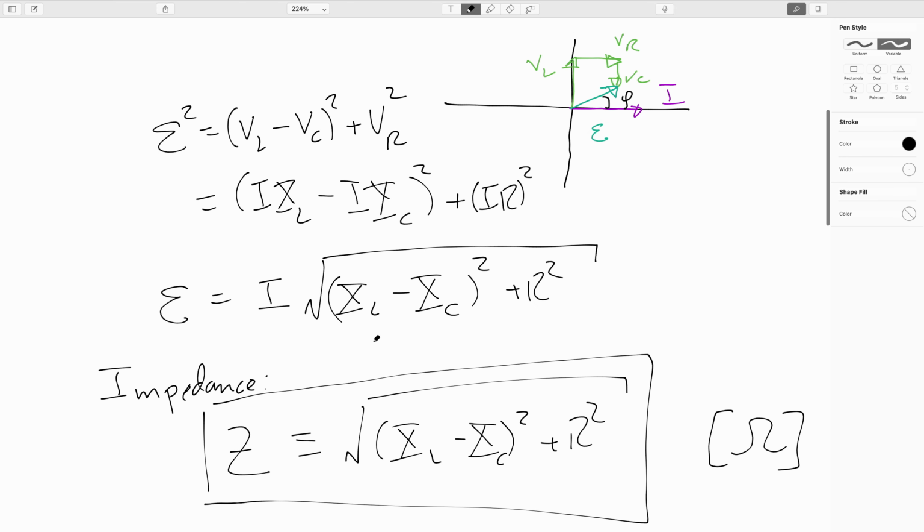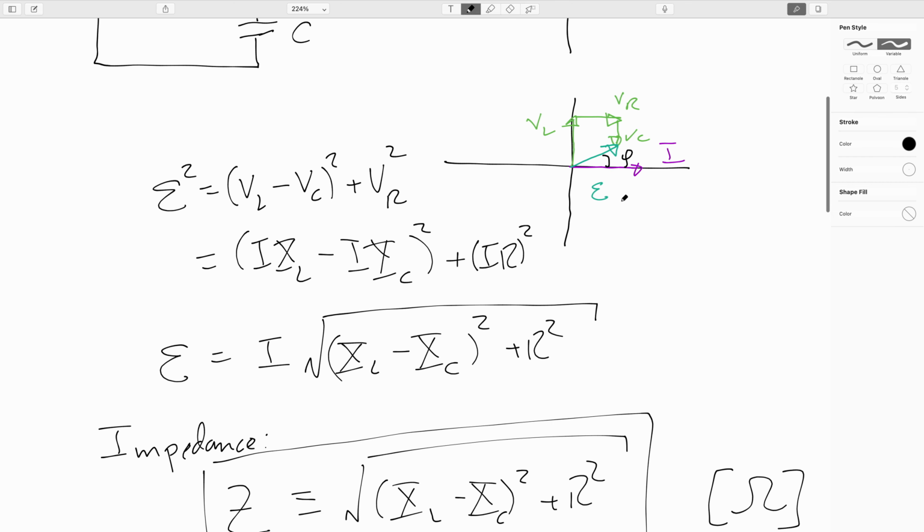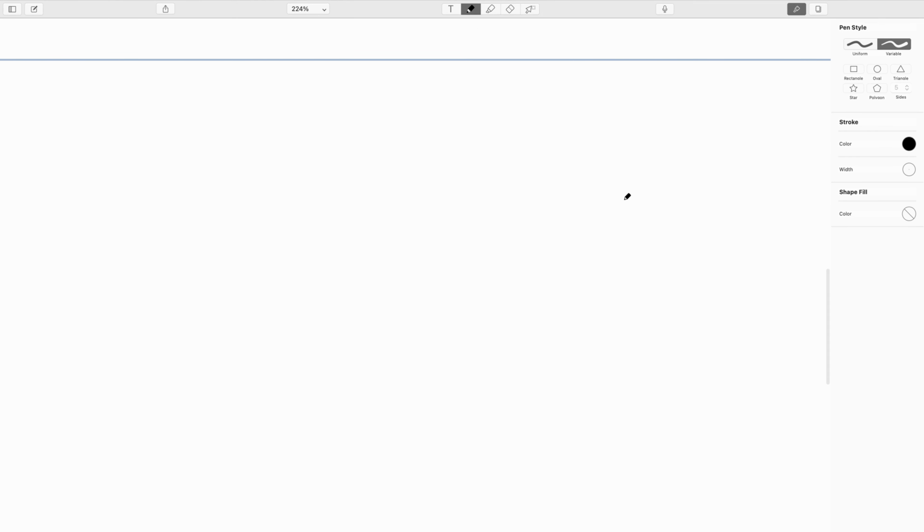And similarly, we can go through and look at our phase angle here and realize that this will be the arctangent of the Y piece over the X piece. So you can say that the phase angle is the arctangent of VL minus VC over VR.